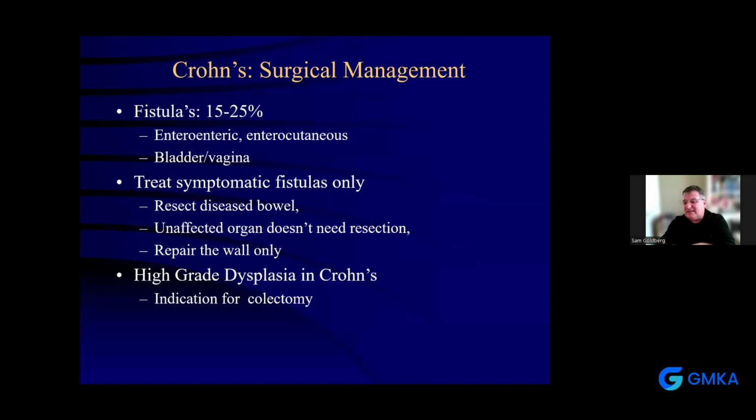Staplers are a little more expensive, but they also save OR time than trying to oversew something. And that technique works really well to seal off the fistula. The uninvolved bowel will heal very well. It will heal on its own. Only with big fistulas or when I don't feel that the closure is satisfactory do I resect both the uninvolved bowel, meaning it doesn't have Crohn's disease, as well as the involved segment.